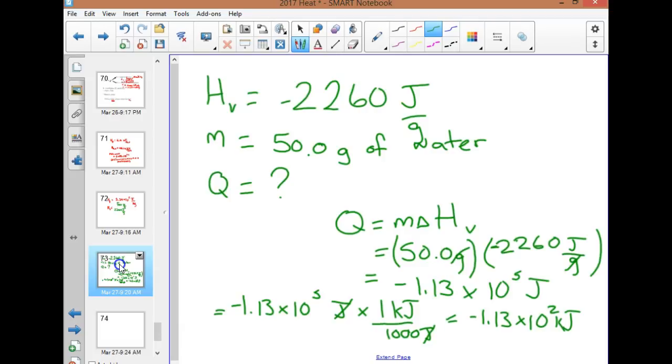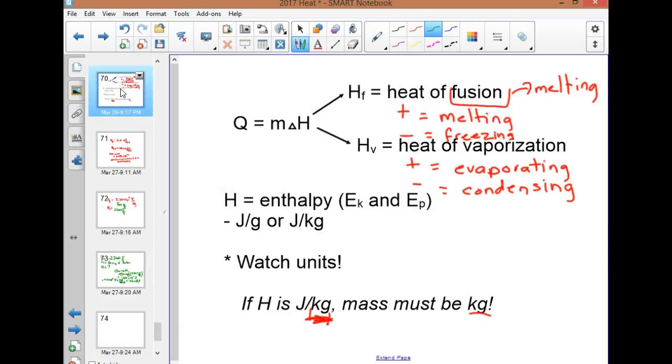Okay, let's look at question number 2. Question number 2 says, calculate the amount of heat needed to melt 35.0 grams of ice at 0 degrees Celsius. Are you working with the heat of fusion value, or are you working with the heat of vaporization value?